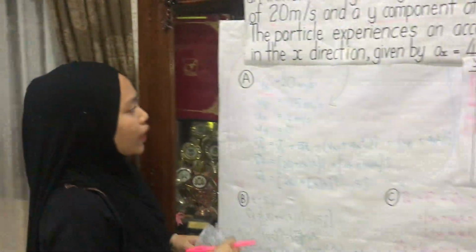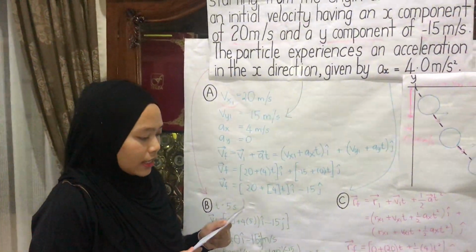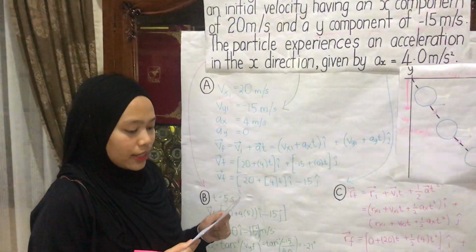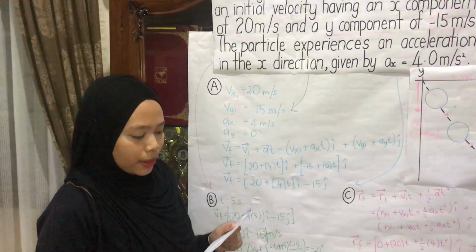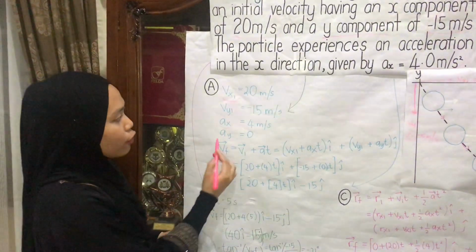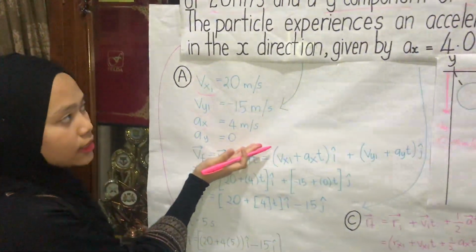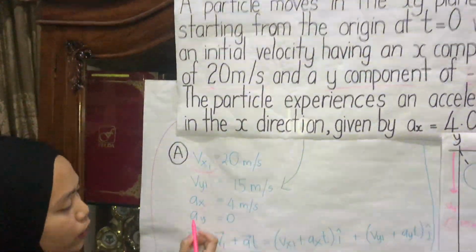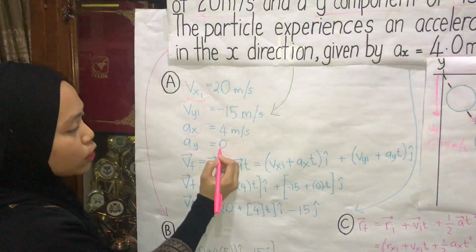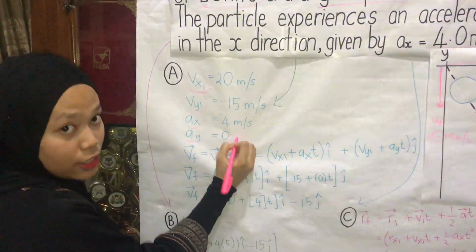So question A is, determine the total velocity vector at any later time. We already have this information from the statement and we add Ay equals 0. Why is this 0?